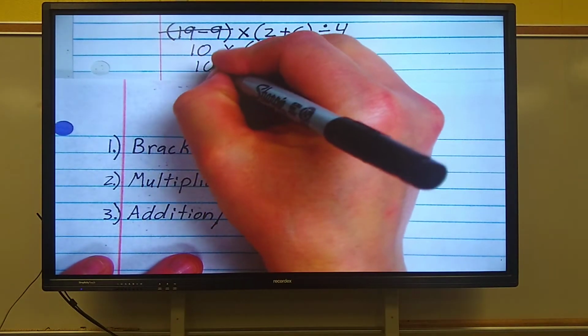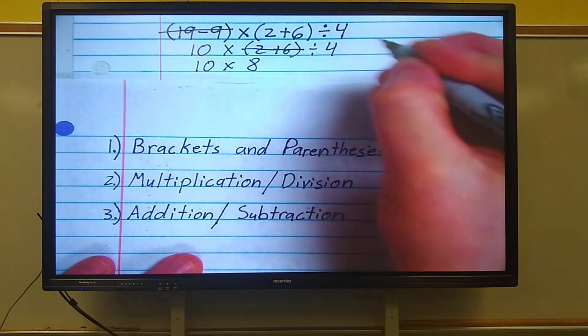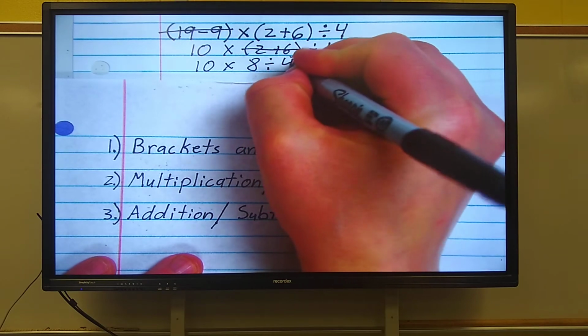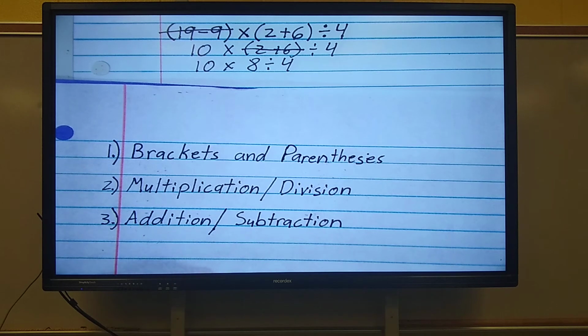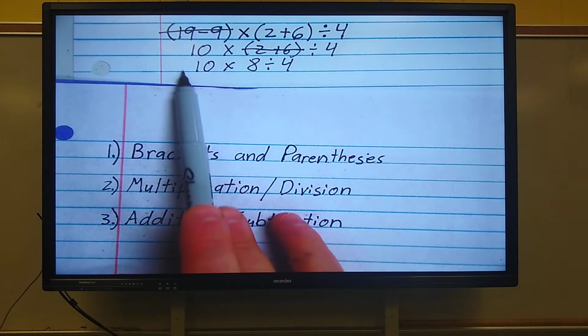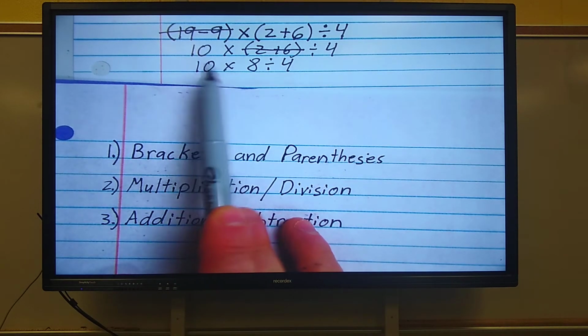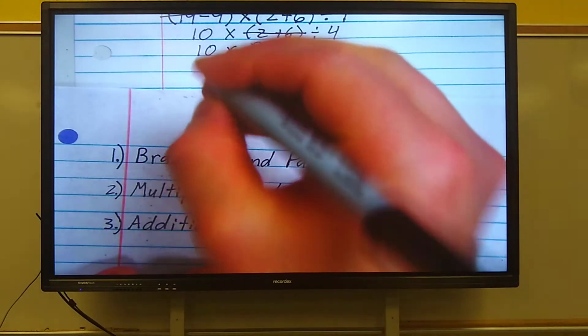So now I have 10 times 8 divided by 4. Next step, multiplication and division from left to right. So I start here and work my way over. I see multiplication here. 10 times 8 is 80.